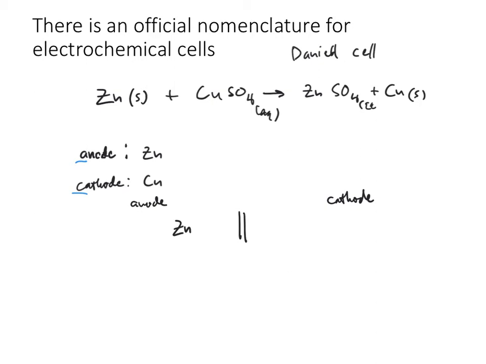And we put the oxidized form up closest to the double bar, and then we put a single bar, and then we have the reduced form. I'm forgetting the phase here. Okay, zinc solid, and then this bar solid copper, like so. Okay, and that's it. That's the nomenclature that's indicating the particular type of reaction that is occurring within the cell.